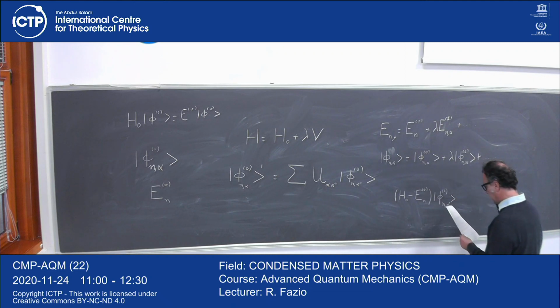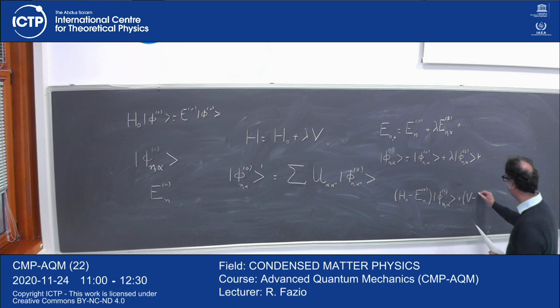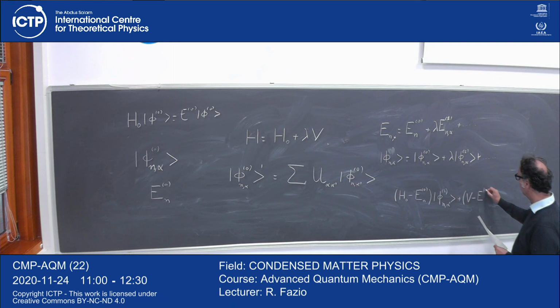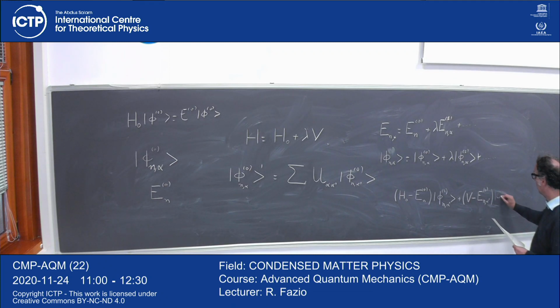Let's say I call it alpha prime, but it doesn't really matter. Plus V minus E1 n alpha prime times phi 0 of n alpha prime.